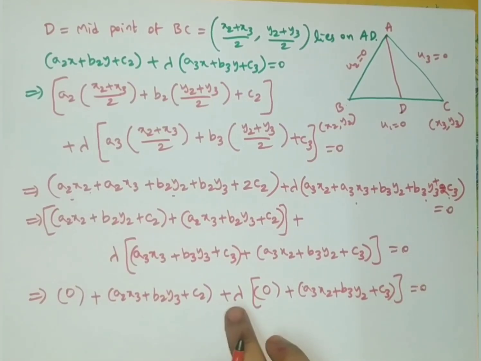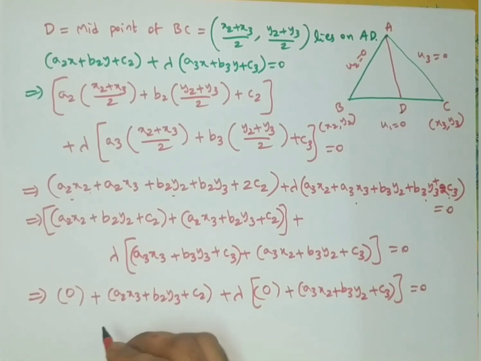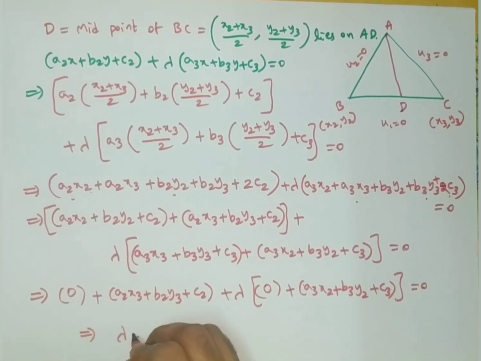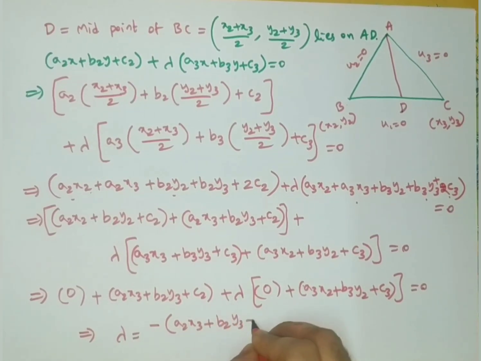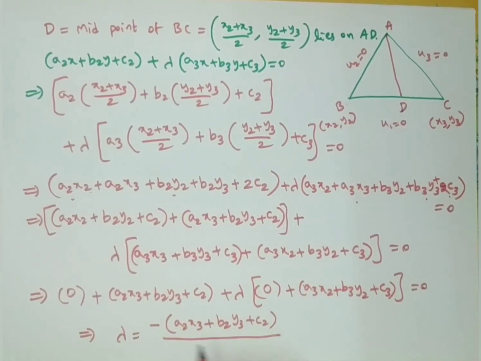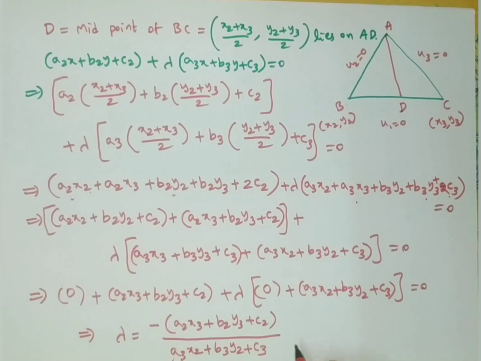From this you will get the lambda value. Yes, this one plus lambda into this one is equal to 0 means lambda is equal to what we will get? Minus of a2 x3 plus b2 y3 plus c2 by a3 x2 plus b3 y2 plus c3.